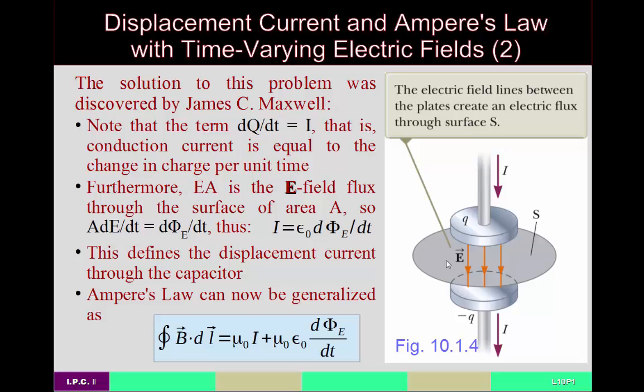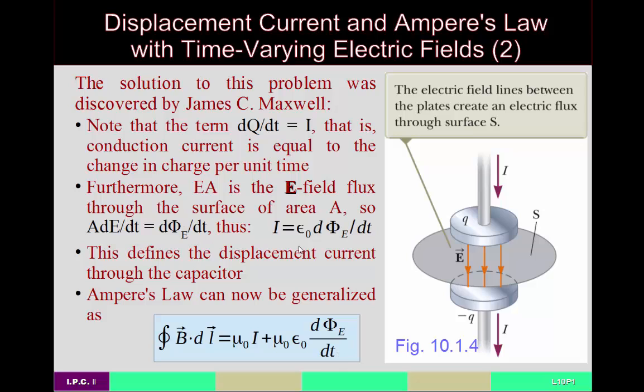Moreover, E times A is the flux of the electric field through a surface of area A, assuming, of course, that the electric field is perpendicular to that surface. So we take the surface to be, for example, like this. So what all this means is that the area times the derivative of the electric field with respect to time is really, since you have a constant surface, the derivative of the electric field flux with respect to time.